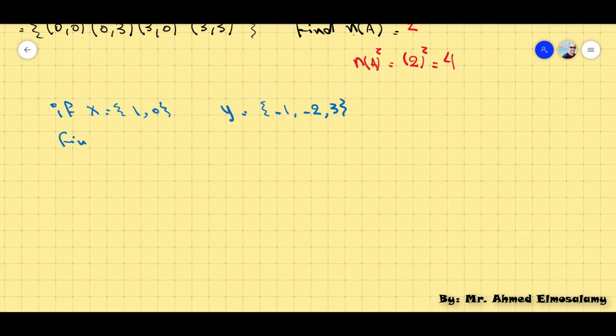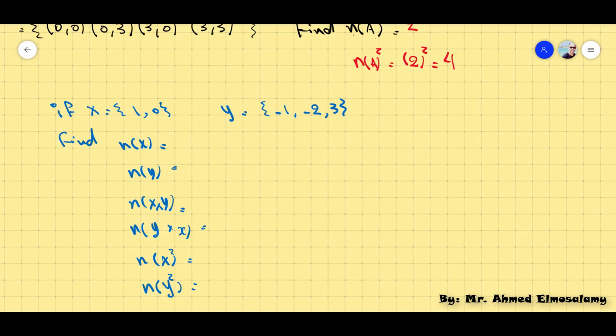Find n of x, n of y, n of x product y, n of y product x, n of x squared. The last one is n of y squared equals what?